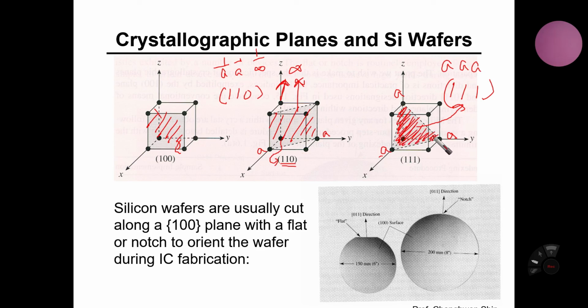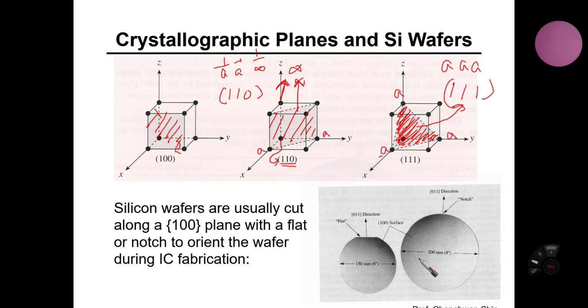All right. How can you use these Miller indices once you have a job in industry? Maybe whenever you are placing an order for silicon wafers, the vendors will ask you which cut or which direction of silicon wafers you want to purchase.